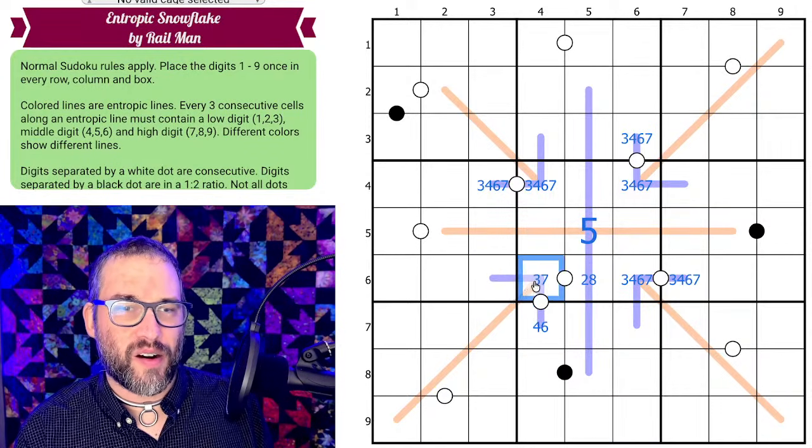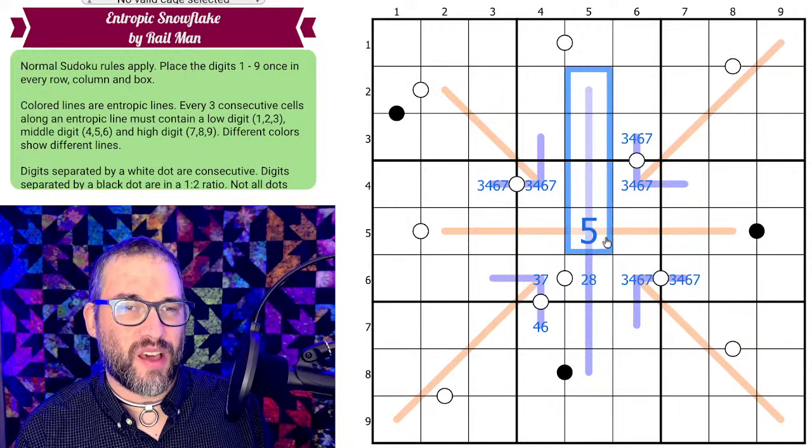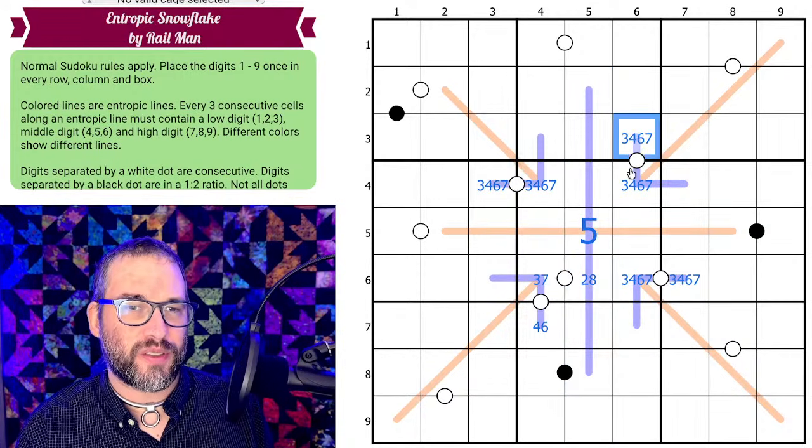No, Isaiah, they're all entropic. They're just colored differently to distinguish lines from each other.